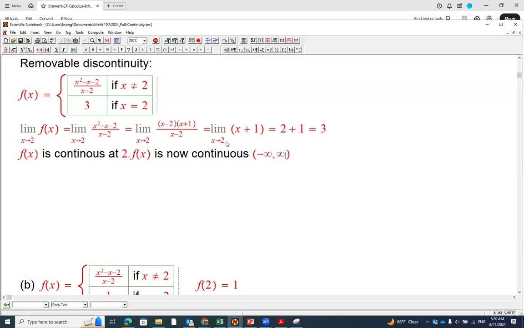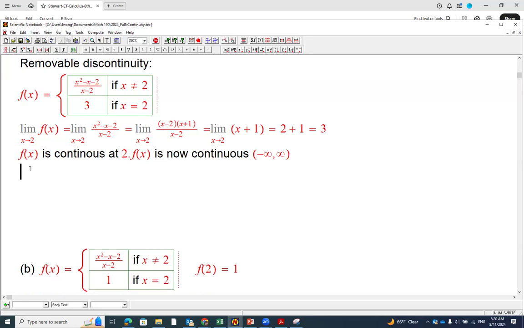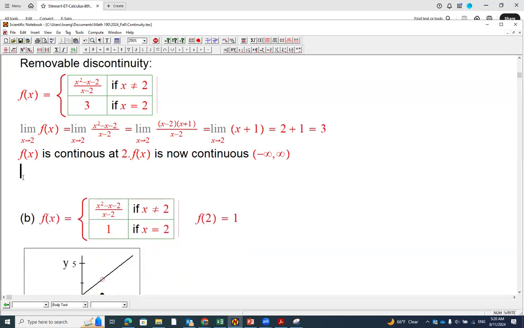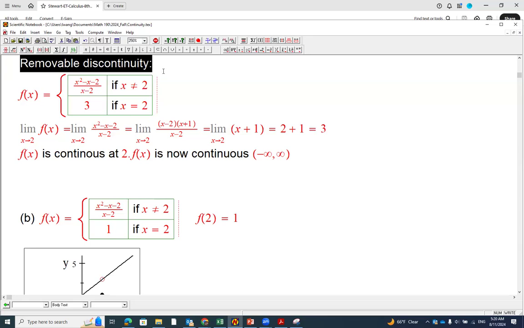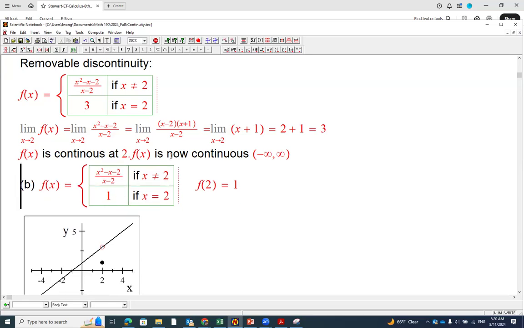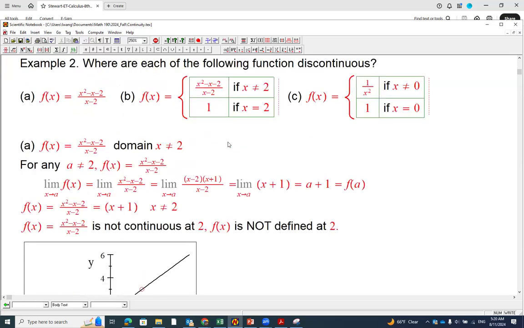Now we make it continuous at 2, so the function is continuous everywhere. This kind of discontinuity is called a removable discontinuity. Sometimes it can be done, sometimes it may not be done. Now let's look at the third example, C.